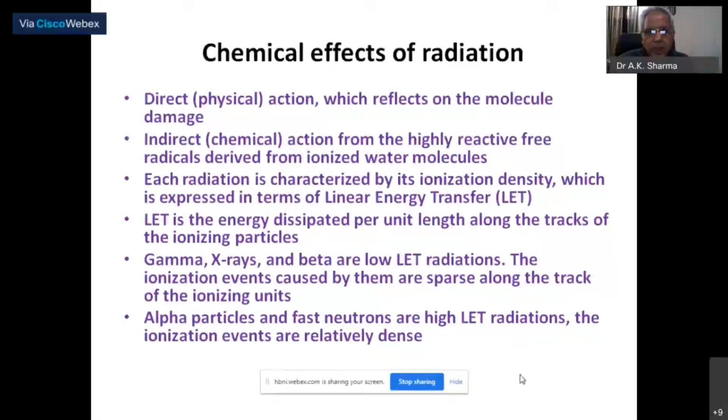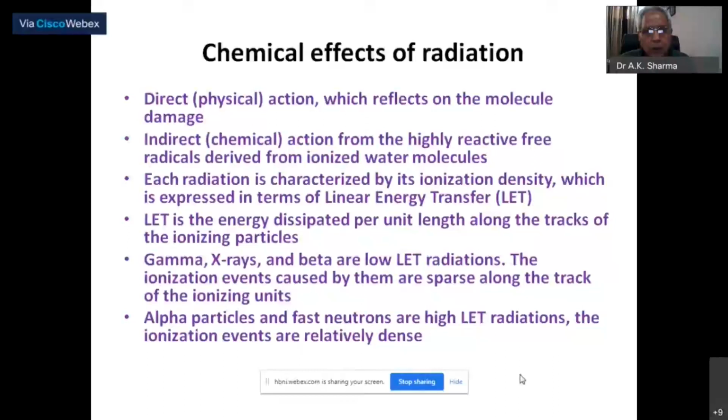Each radiation is characterized by its ionization density, which is expressed in terms of linear energy transfer. As I told you, there are several sources of radiation which can be used for causing mutation, but there is a linear energy transfer quotient associated with each type of radiation.